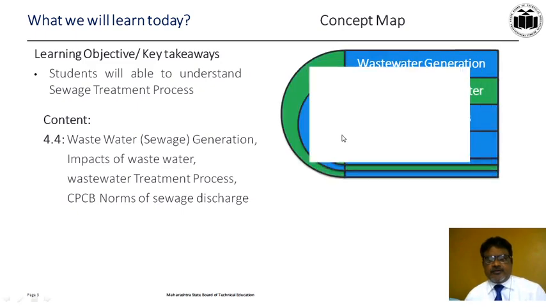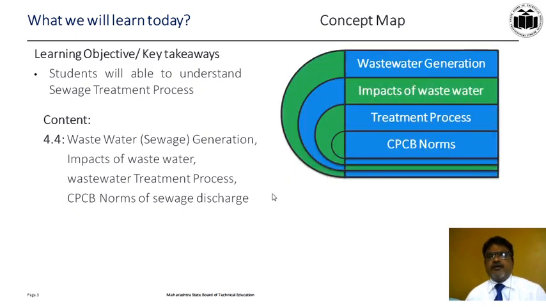Now let us have a look at the concept map of today's lecture. It includes wastewater generation, impacts of wastewater, the treatment process of wastewater, and Central Pollution Control Board norms.